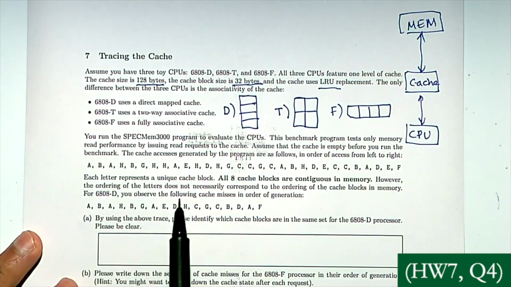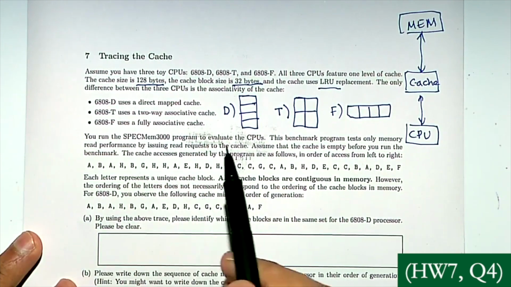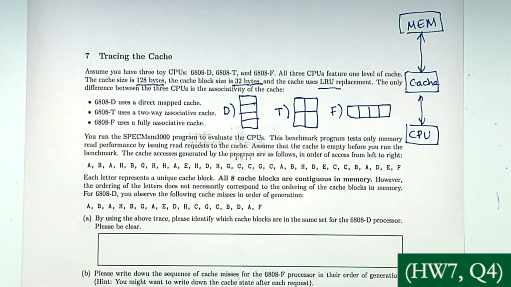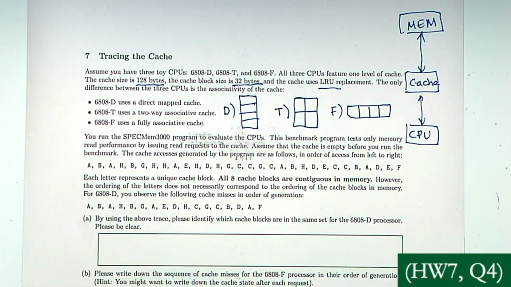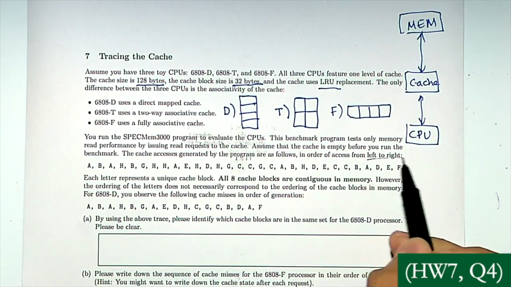Then we're told that we run this particular program to evaluate the CPUs. This benchmark tests only memory read performance by just issuing a series of reads to the caches. We assume that the caches are empty before we run the program. The cache accesses generated by the program are as follows, in order of access from left to right.